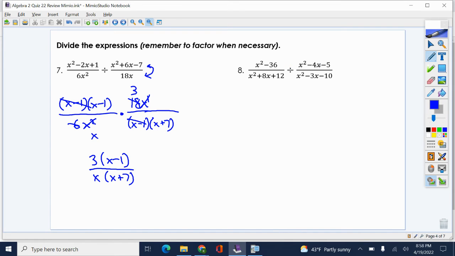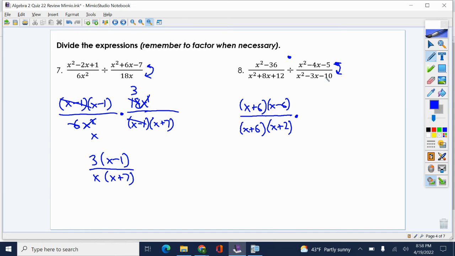On the next one, same thing. I'm going to change to multiply. I'm going to flip the second fraction. X squared minus 36 can go +6 minus 6. Underneath, multiply to 12, add to 8. That's 6 and 2.